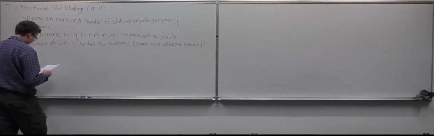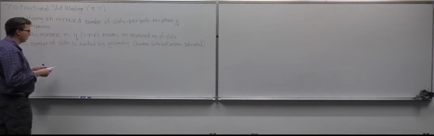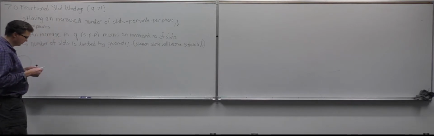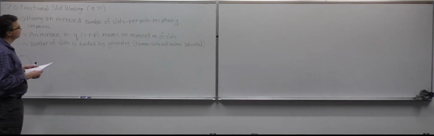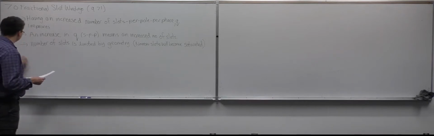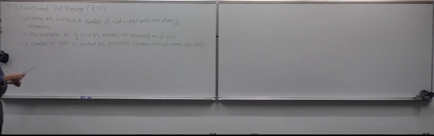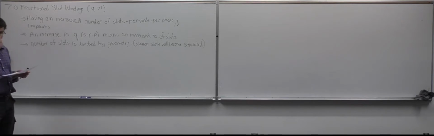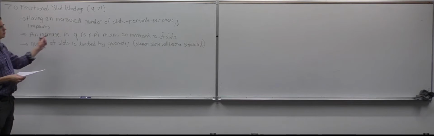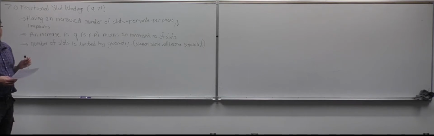So what can we do? It would be nice if we could have more than Q equals 1. A fractional slot winding machine can allow you to have Q greater than 1. For the machines we've been looking at with magnetic gearing, fractional slot winding is also useful because it allows you to choose a different number of stator slots that will not create unwanted harmonics.